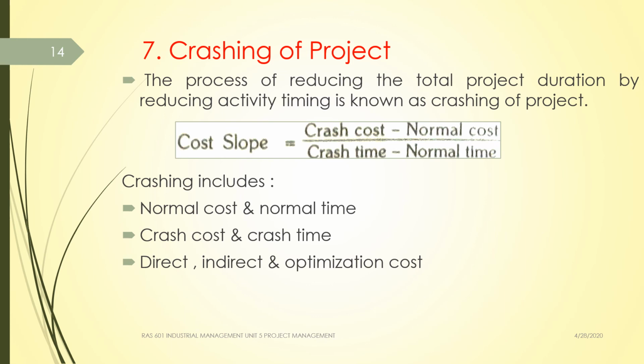In order to manage things, resource smoothing and resource leveling take place. We have to level out and smoothen the resources by providing additional budget and additional limit in terms of time, so that we can reduce the effect of crashing to some extent.